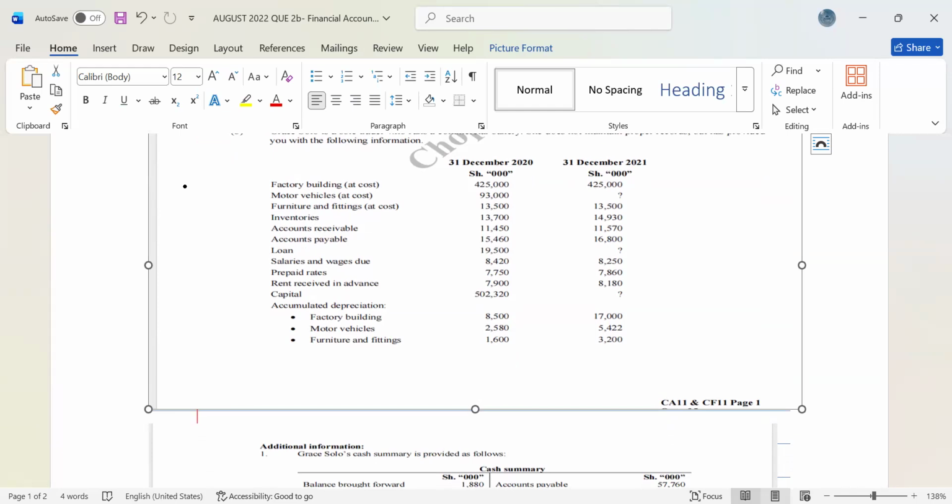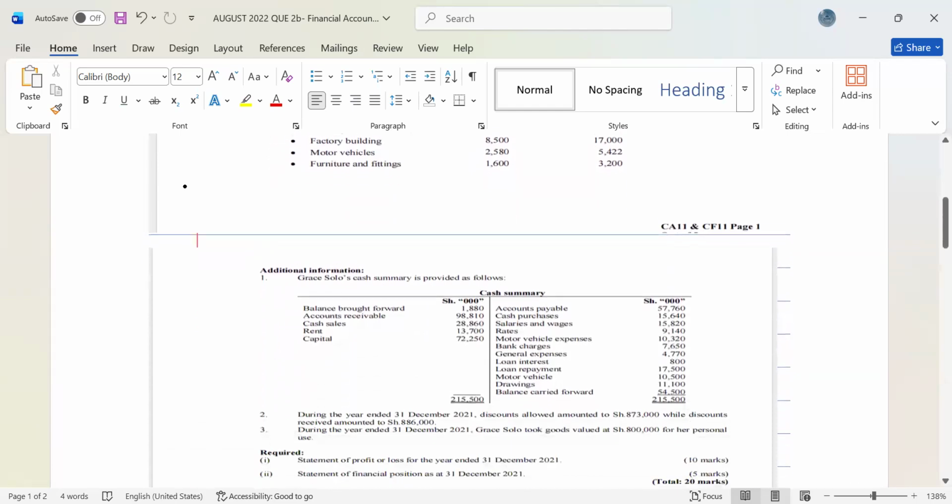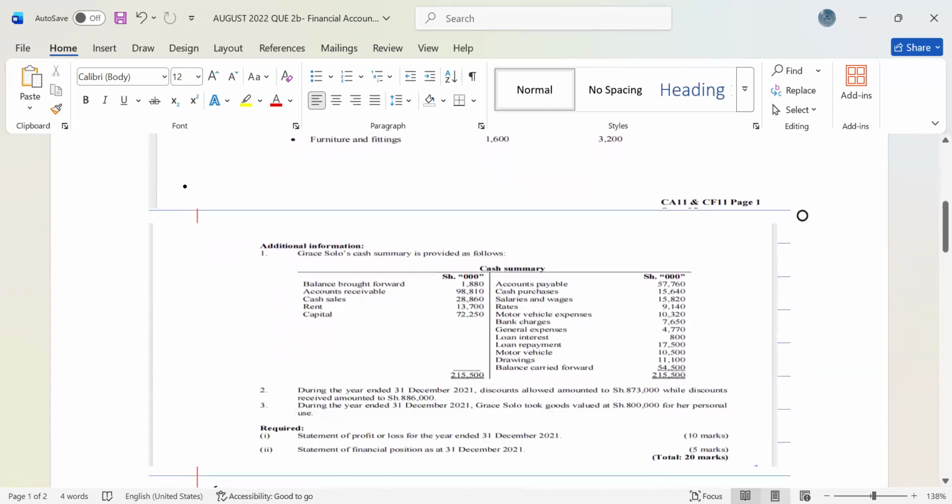Now we go to additional information. Additional information number 1, Grace Solo's cash summary is provided as follows. That's the cash summary, on the debit side. As you can see, we've got a balance brought forward. That could be from the previous year. We've got account receivables, cash sales, rent, then capital.